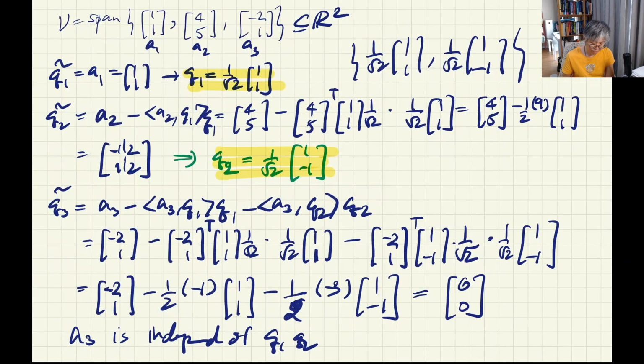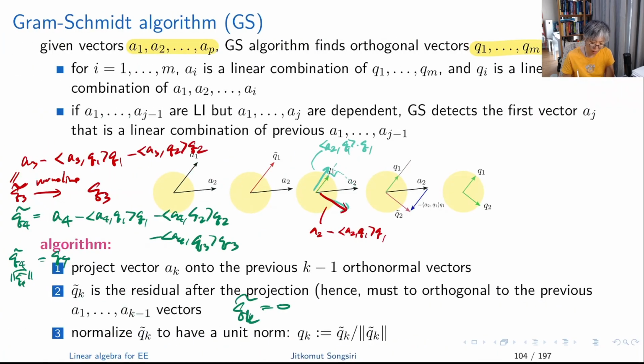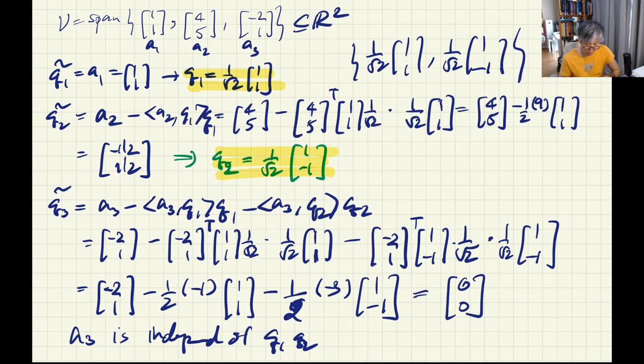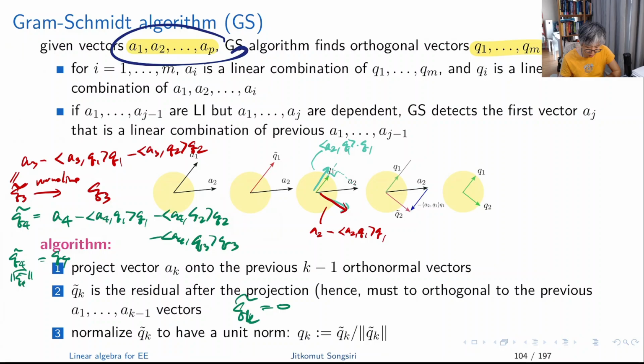It's a process of finding an orthonormal basis set from the original set of vectors. You can apply this not only to Euclidean space, but to anything that is an inner product space as well.